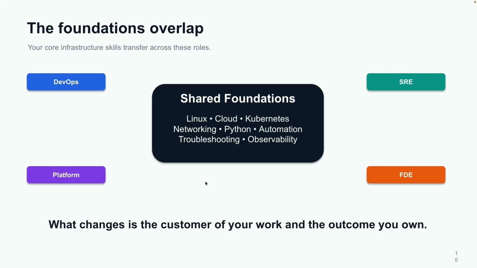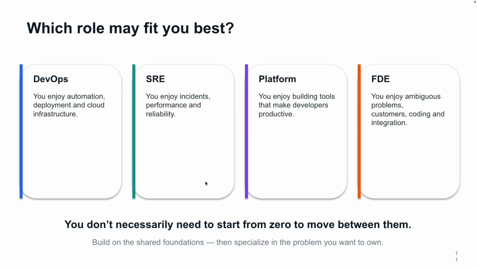If you look here, it's cloud, Kubernetes, networking, automation, Python, troubleshooting. All four roles may require these fundamentals. What changes is where the engineers spend their time and what problem they ultimately own. A DevOps engineer may build a Kubernetes deployment pipeline.